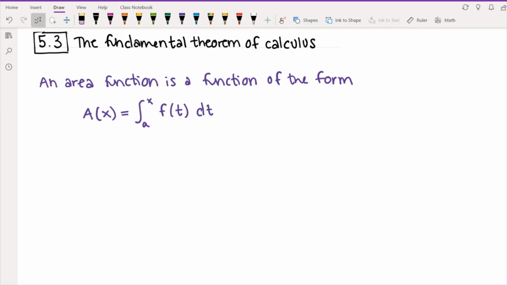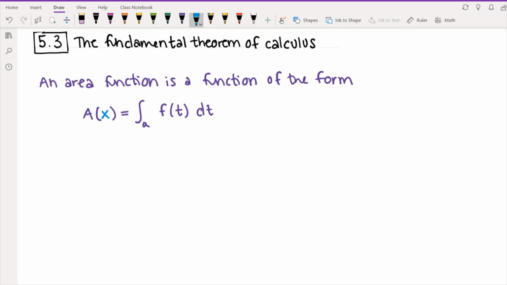Okay, so what's going on here? Basically, we have an integral, right? We've learned about that in previous videos. That's calculating the area between two numbers bounded by a function and the x-axis. So what is the input in this function? Well, it's the top bound.